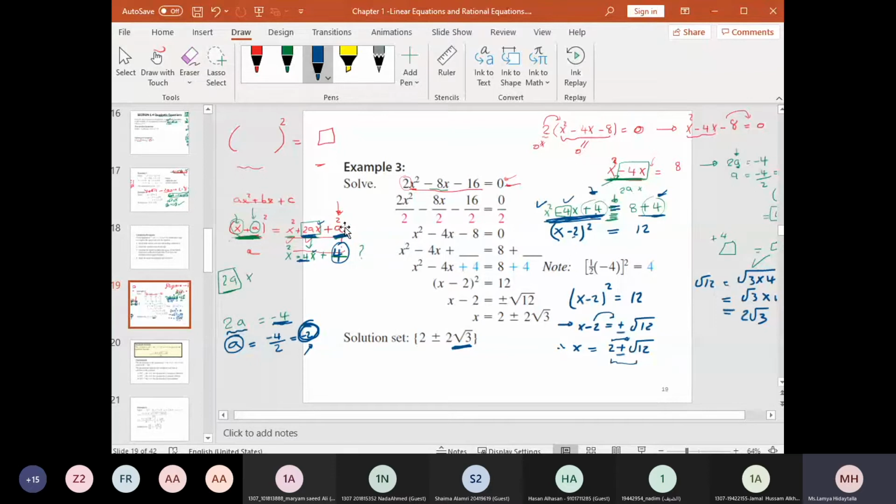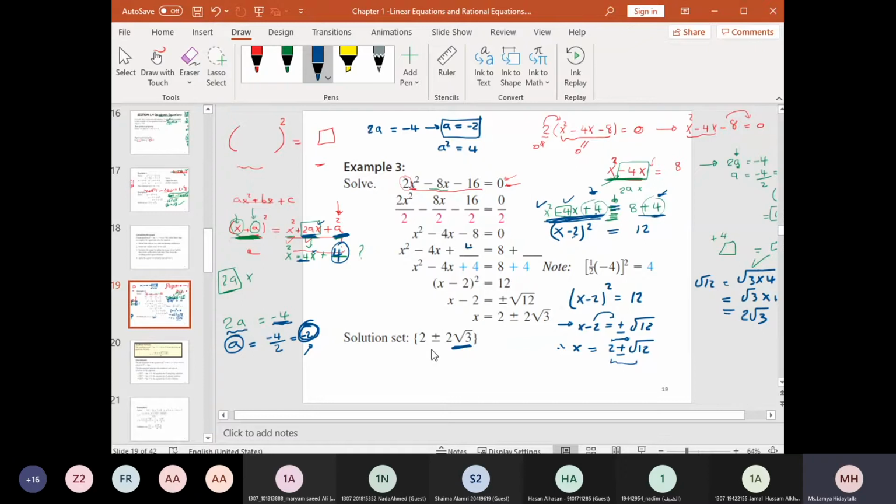So now what is a square? From the beginning we found 2a is equal to minus 4. This implies a is equal to minus 2. Okay, we found a, but what I need is a square. So a square is equal to 4.